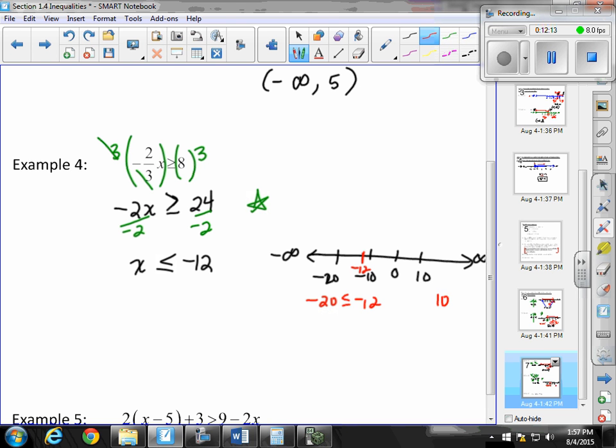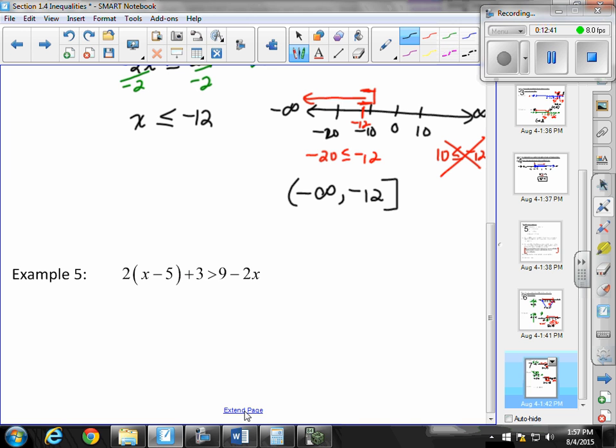Or is 10 less than or equal to -12? 10 is not less than a negative number. I know it has to go to the left. We have equal to in our inequality, so we're going to use that square bracket. And our interval goes from parentheses -infinity to -12 with a square bracket.